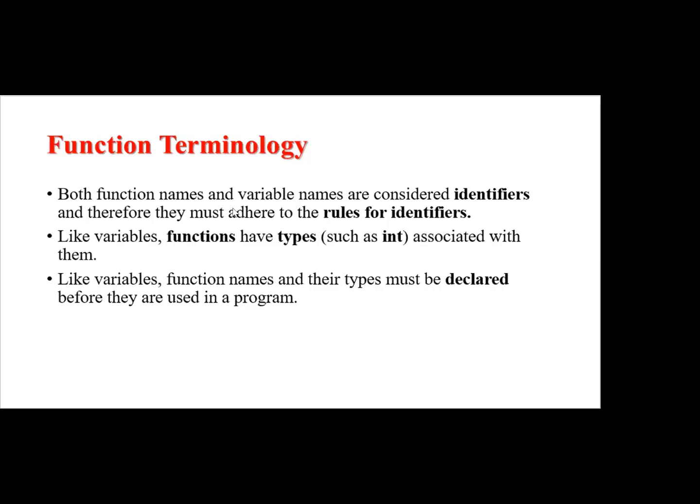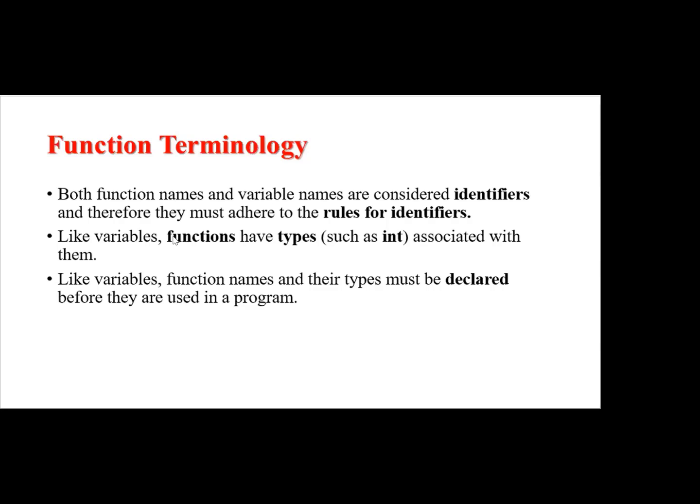The same applies to the function name also; it adheres to the rules of identifiers. You cannot start with a number, and you cannot use a keyword for the function name. Function name is user defined, you can give any name, but the rules are the same as for a variable name.